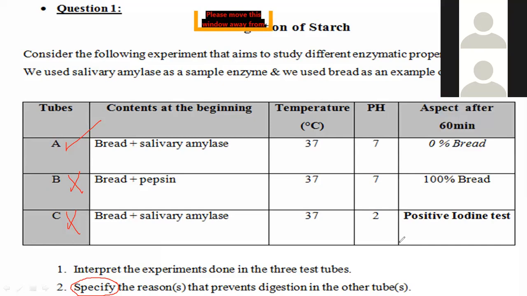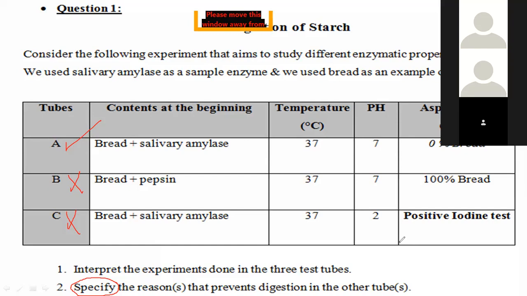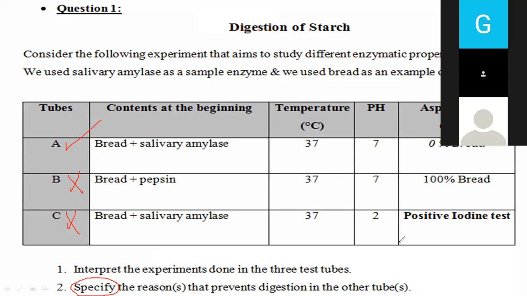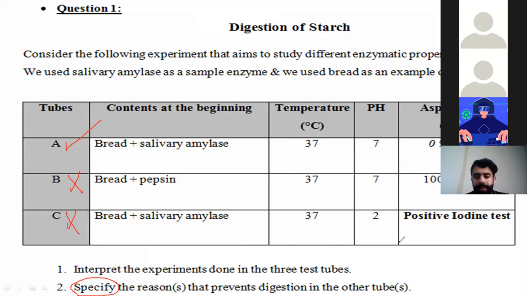Okay, thank you, Ali Fadi Basma. Let's move now to Hadil Sufan. Hadil, can you tell me why there is no digestion in tube B? Ustaz, since the pH level, the enzyme needs a proper pH to act.